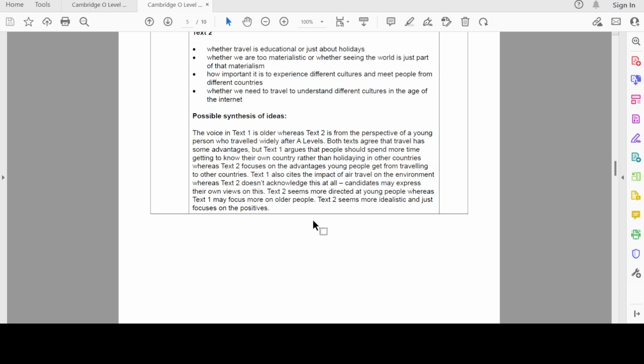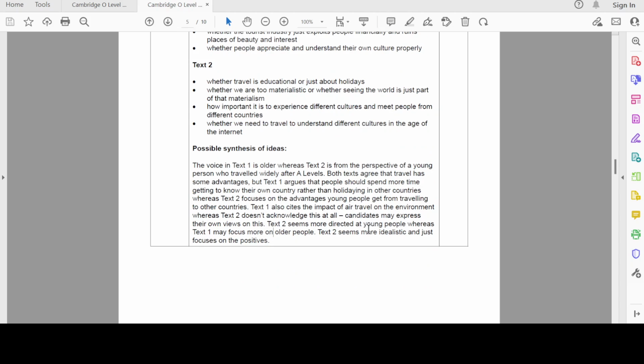So obviously, the person giving the views can be something to judge from, right, who the expected audience is for that particular text. Also, text 2 seems more idealistic and just focuses on the positive. So that's something to be expected from the young, right? So they're energetic, they're out there, and they're looking at positives and want to go out and explore and experience. So that's one thing, and that's something where the candidate can give their own views as well, right?